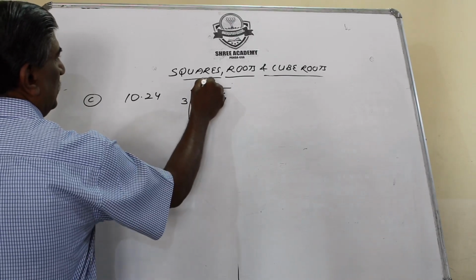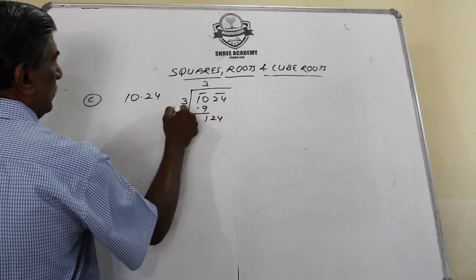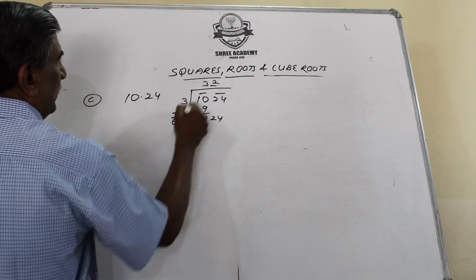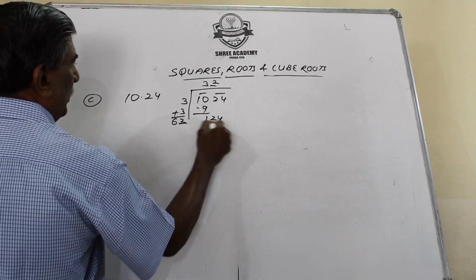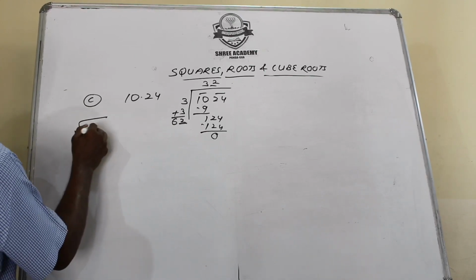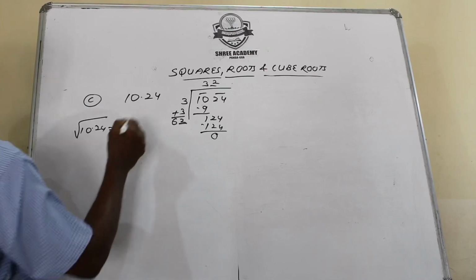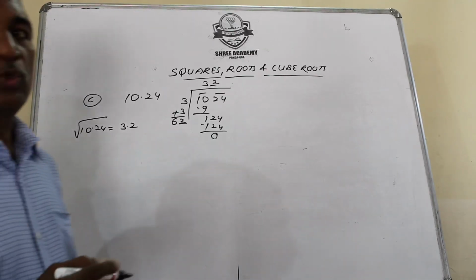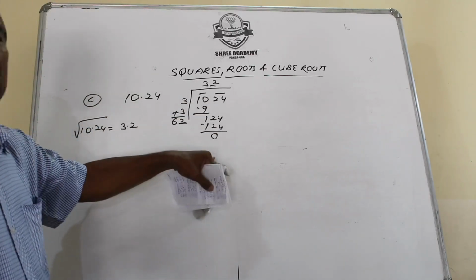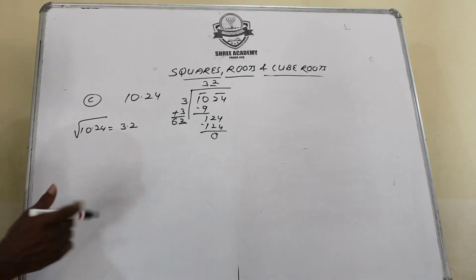So 3 into 3 is 9, 1, bring 24 together, 3 plus 3 is 6. The digit which I will put here is very easy. 62 into 2 is 124. So 3, 2. So I will write the square root of 10.24 is, just put one decimal point, 3.2. So wherever you have decimals, you always have to first do it directly and then just place the decimal point.